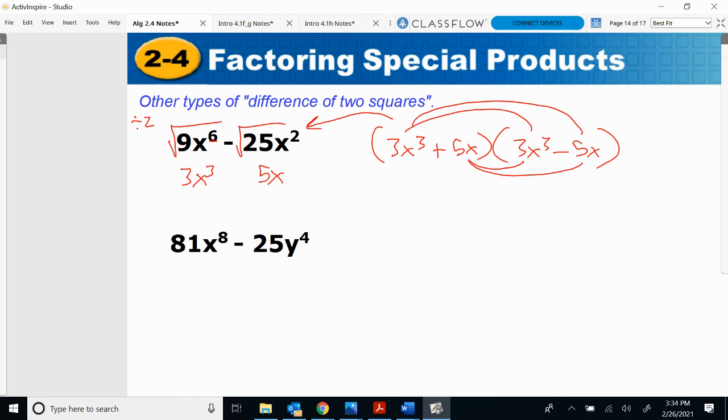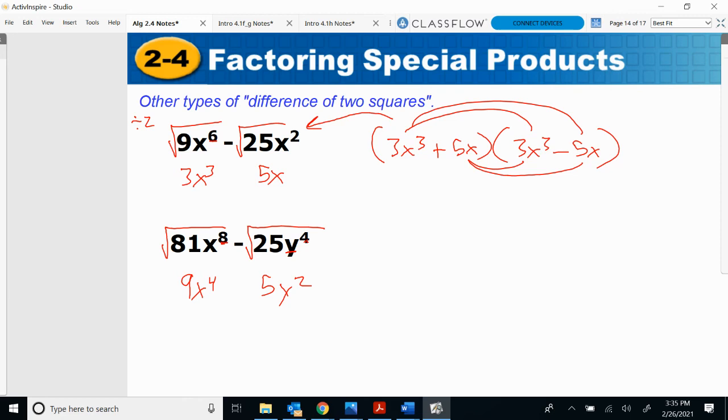Okay, last one, let's see if this one's going to work. We'll see if we can take the square root of both of them. So this would get us 9x, and you're going to divide that 8 by 2, so 9x to the 4. Oh, we got a y over here, geez. So then this one's going to be 5y, and we can divide that 4 by 2, and it ends up being 5y squared. Okay, it worked.